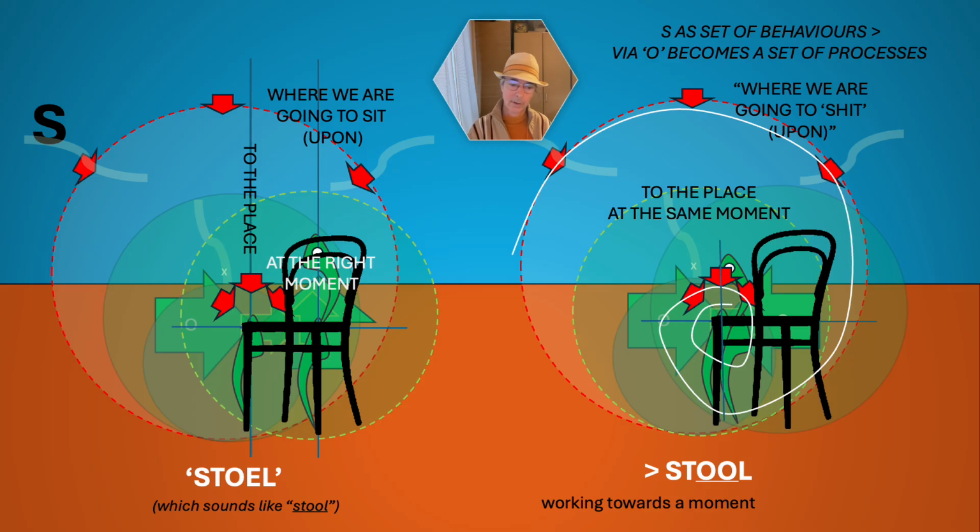So that focus in stool goes from one moment to the next moment, and has actually this object that is used for it, almost like in the background, as the form that makes you able to make that performance in time. Stool goes also to processes instead of behaviorisms.